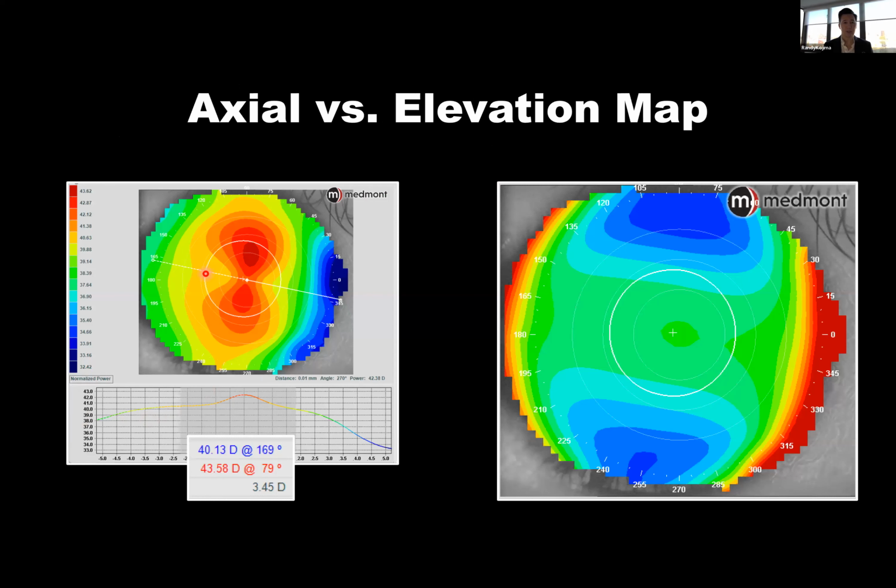Of course, you have a defined flat meridian, you have a defined steep meridian, they're 90 degrees apart. When you look at the elevation map, what you see is the cornea is high where you see red, the cornea is low where you see blue. So it's very easy to align a lens to those high points, the red, and then 90 degrees apart, align it to the blue.